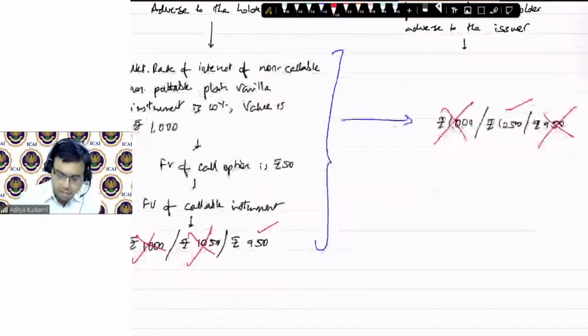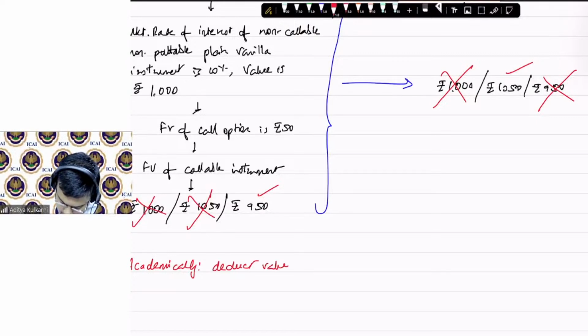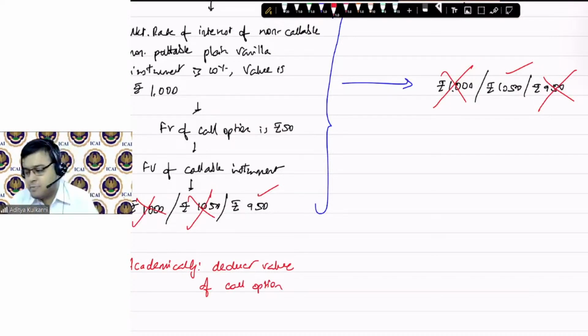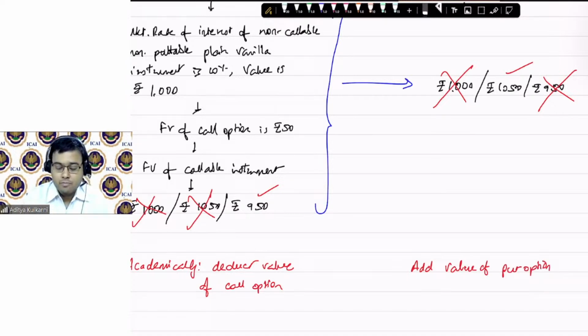So in the case of a call option, deduct the value of the call option. Call option, it's a feature, okay? And here, add the value of the put option.